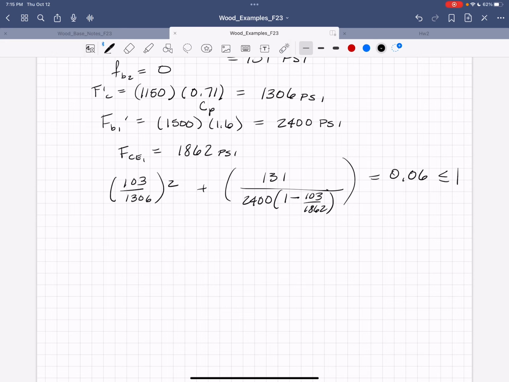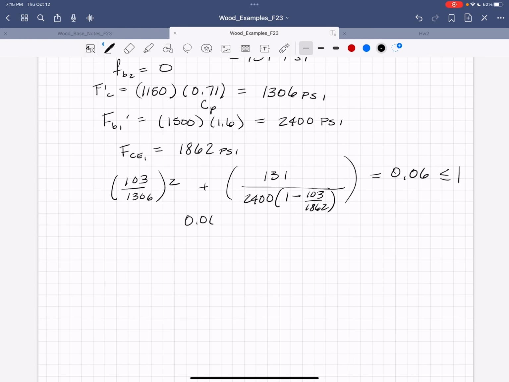Because this is the interaction curve that I showed you. And so yes, this is fine, but it is way over designed is what I would say. We had way over designed pure axial, way over designed bending. But even when we put the two together, it's well over designed.